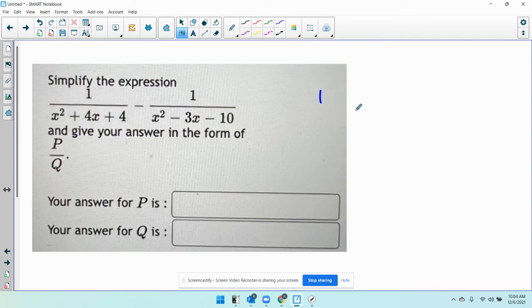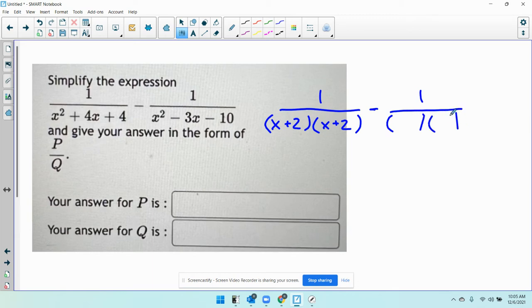So I'm going to factor the bottom left. This left term becomes 1 over, multiplies to 4, adds up to 4. That's going to be x plus 2 and x plus 2. Minus 1 over, x squared minus 3x minus 10, multiplies to negative 10, adds up to negative 3.